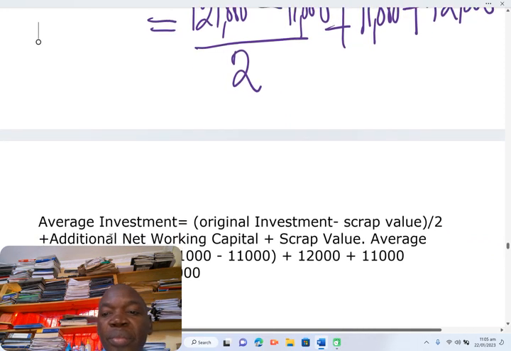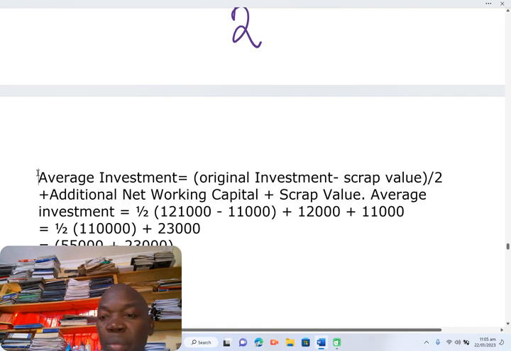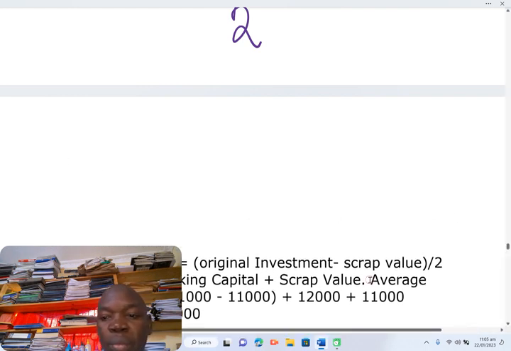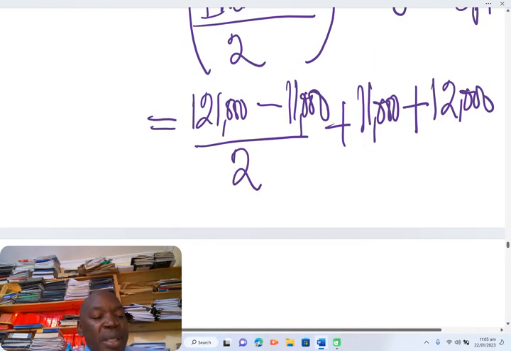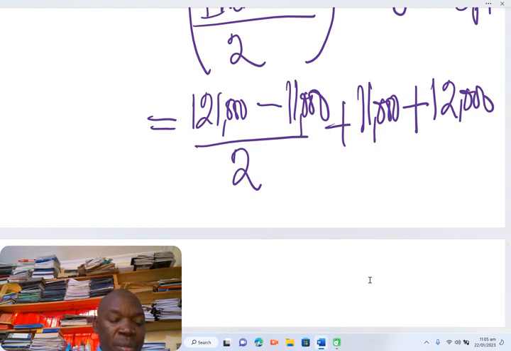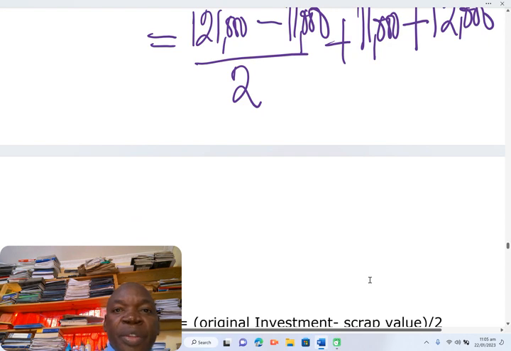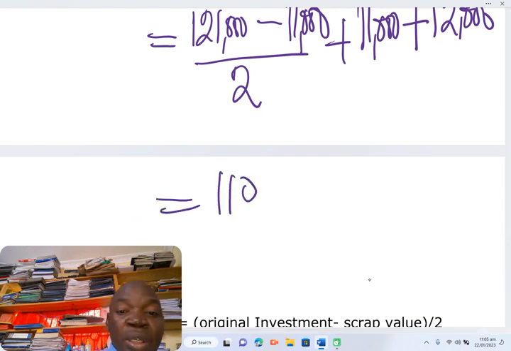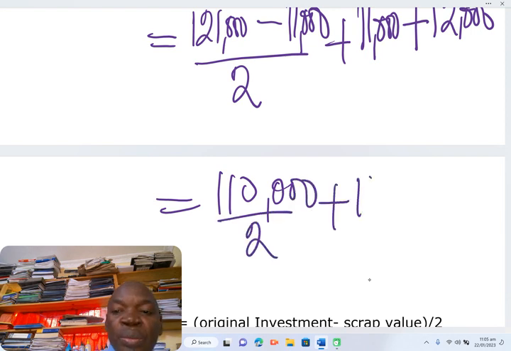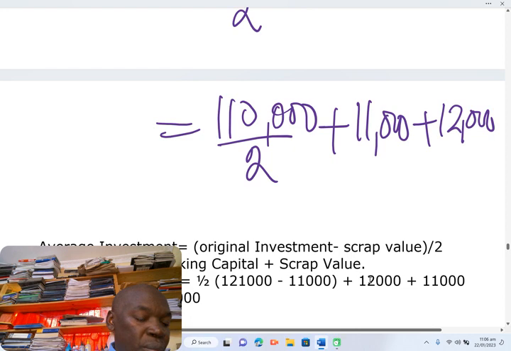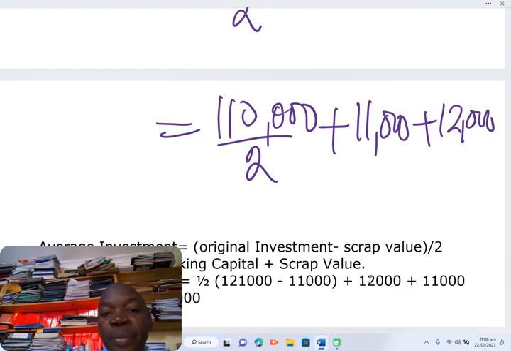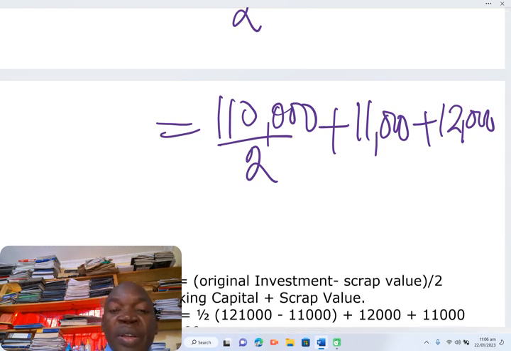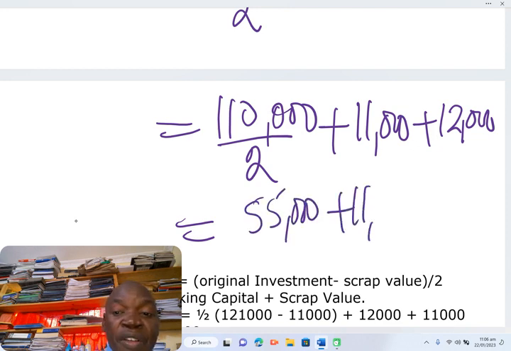So 121 minus 11 is 110, divided by 2, which is 55, plus 11, plus 12.